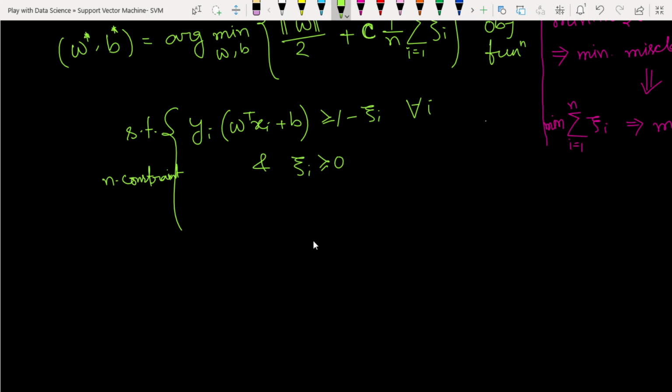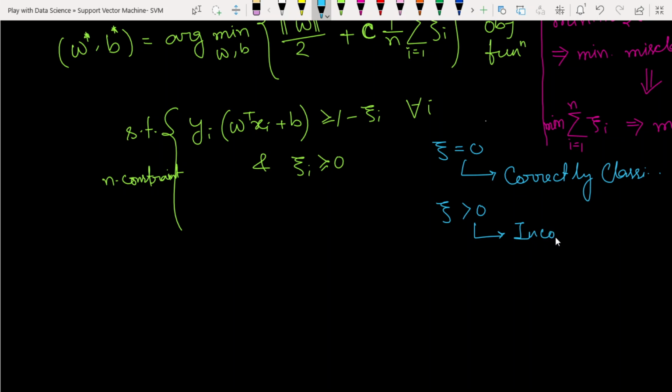So if zeta equals 0, that means it is correctly classified. If zeta is greater than 0, this means incorrectly classified. This is our simple constraint equation.